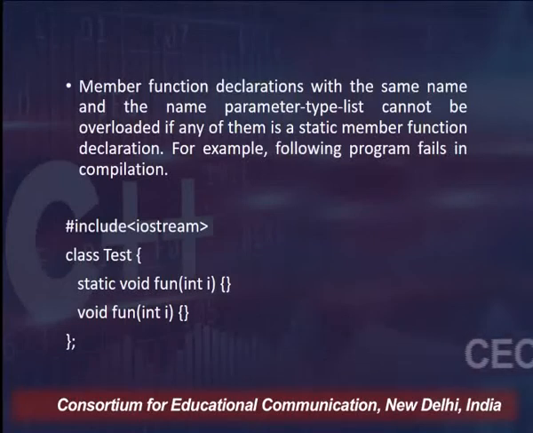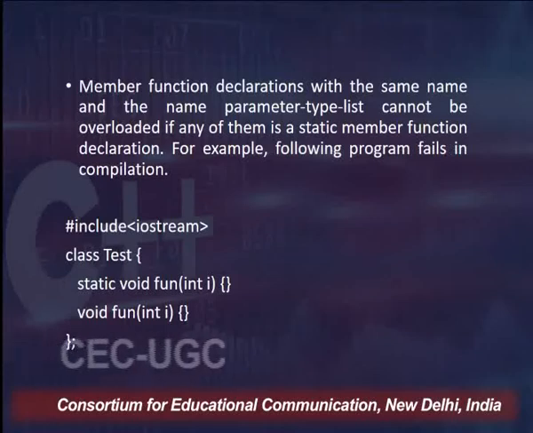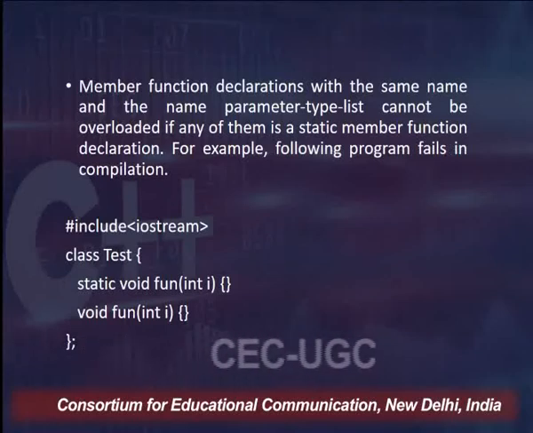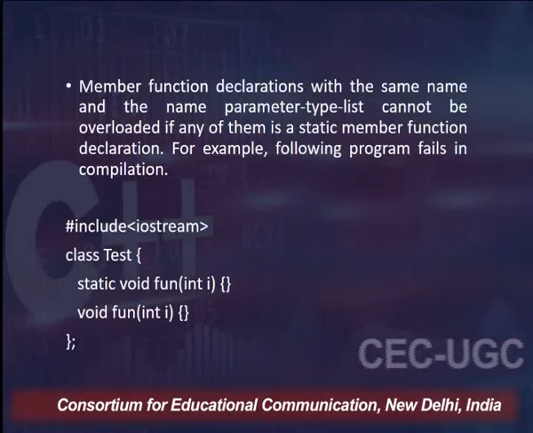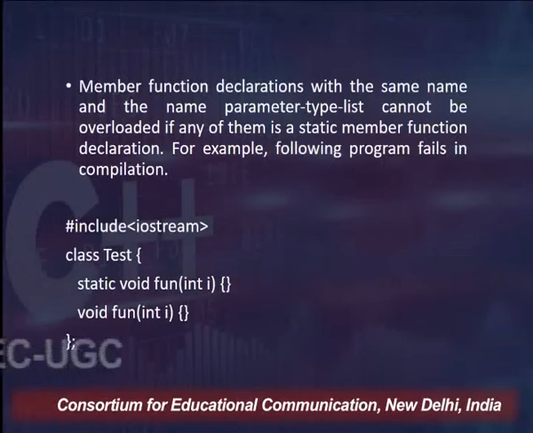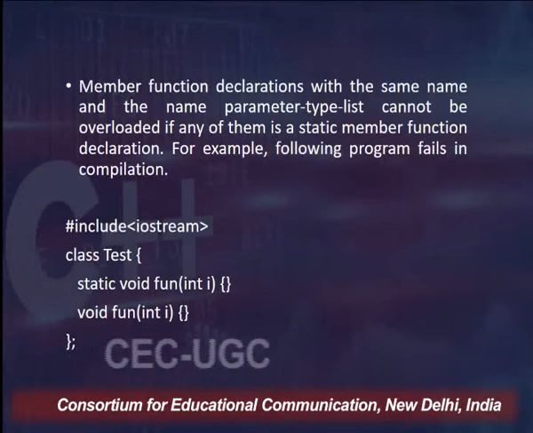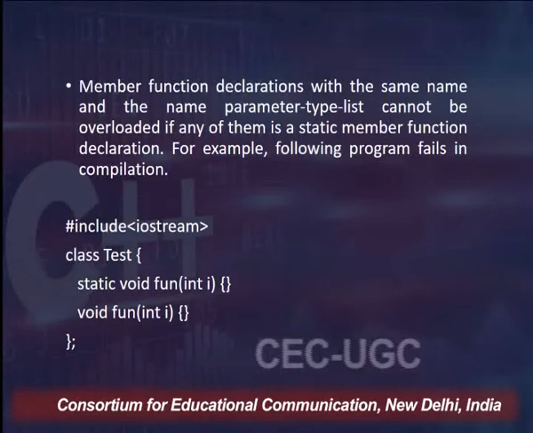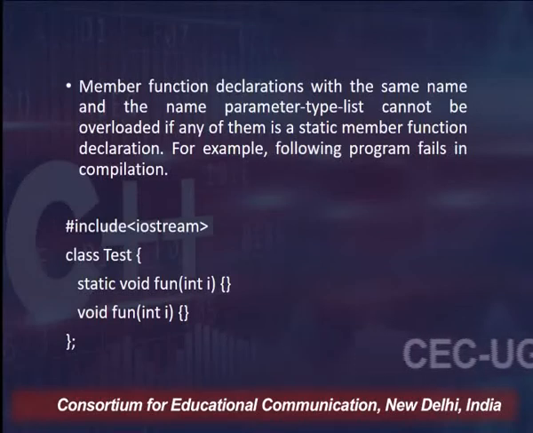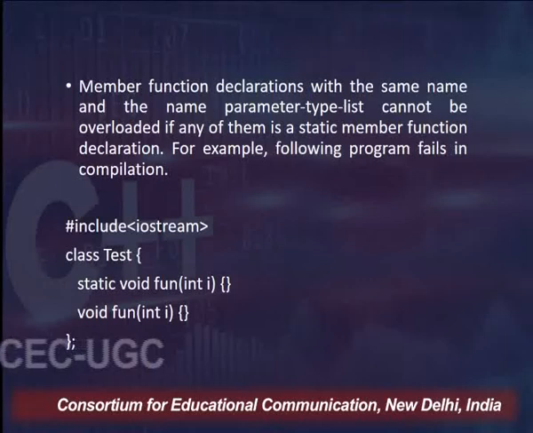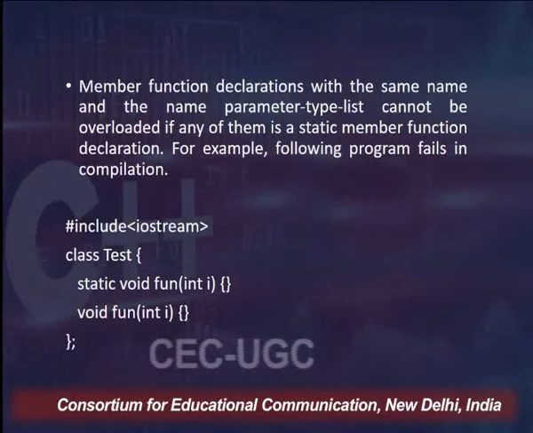As I have already told you, static functions cannot be overloaded. So here if you can see, we have two functions with the same name. The name is fun and the data type is the same, as well as the parameter list, also the same: only one parameter i, that too of type integer.